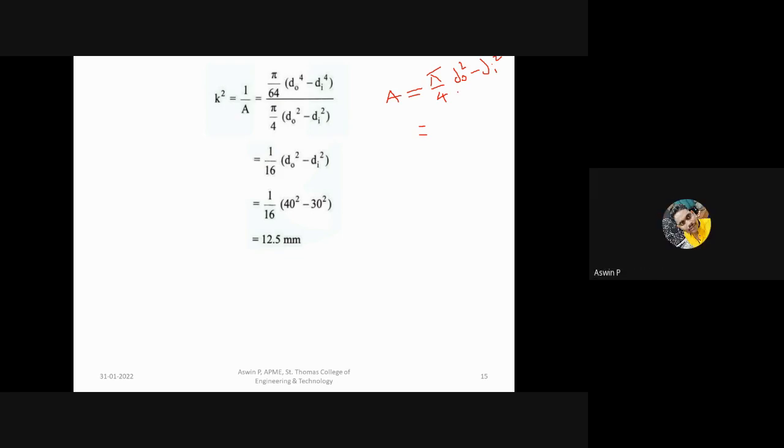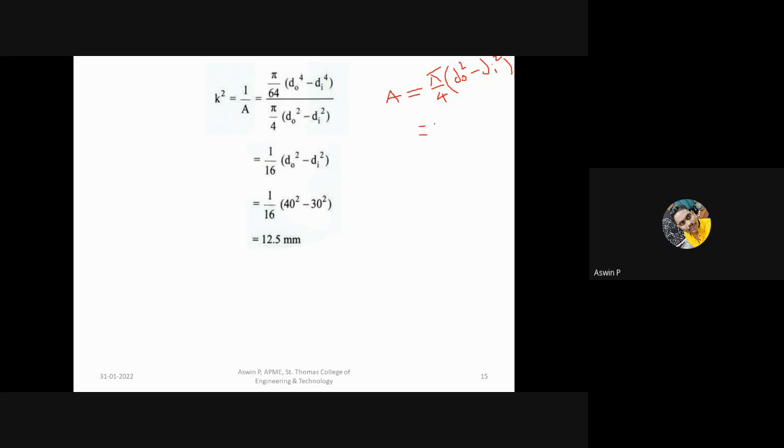The bracket is there. You know that. This is a common equation. Have you got the answer?